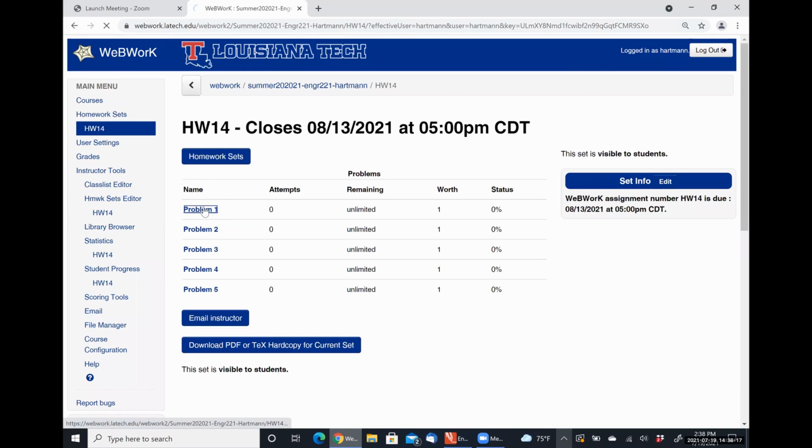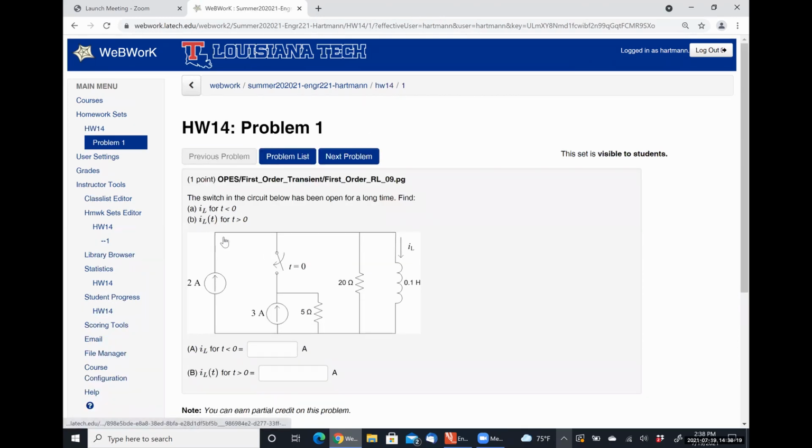So if we look at problem 1 here, how about we work this problem as an example? It's got multiple sources in there. Let's talk about the purpose of this switch in this particular case.